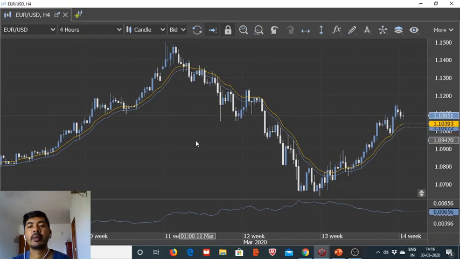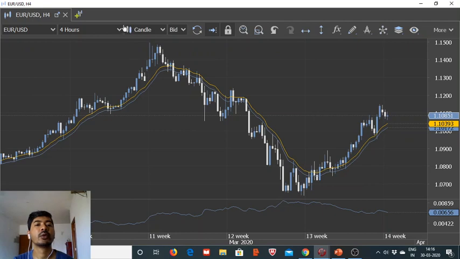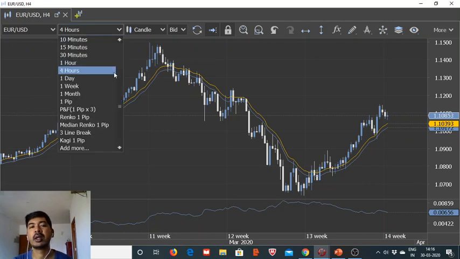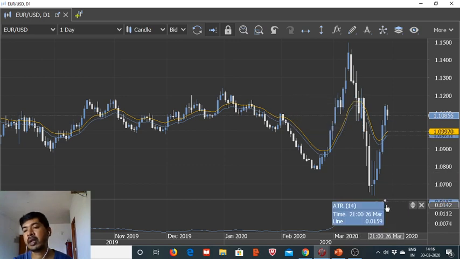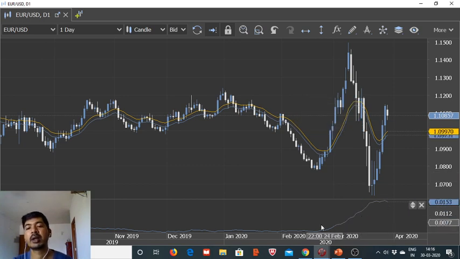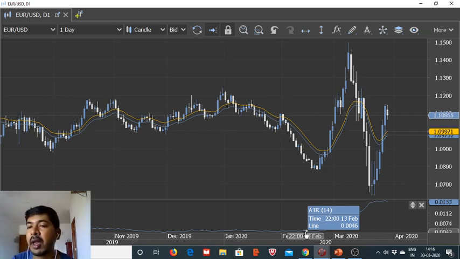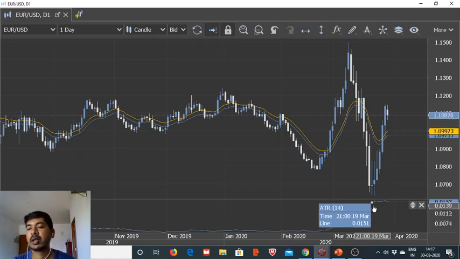Or in terms of ATR, so let us see what is the ATR now on the daily time frame. Now the ATR is more than 150 pips, and in earlier times it used to be in the vicinity of 50 pips. And when it used to be around 50 pips, the 4 hourly ATR used to be of 17-18 pips, and now when the ATR is 150 pips, the ATR for 4 hours is of around 60-65 pips.